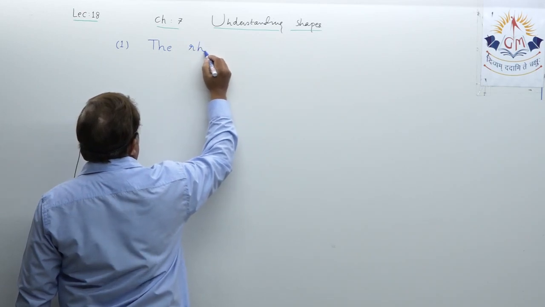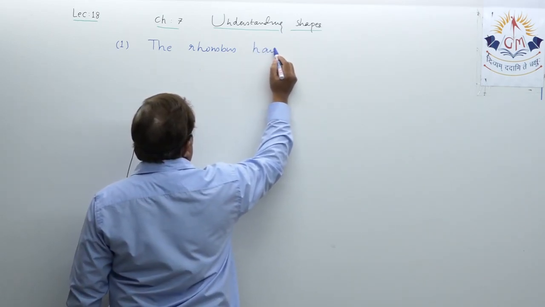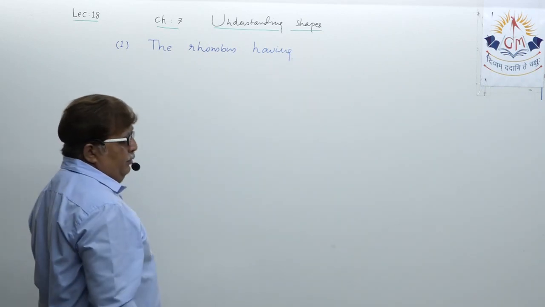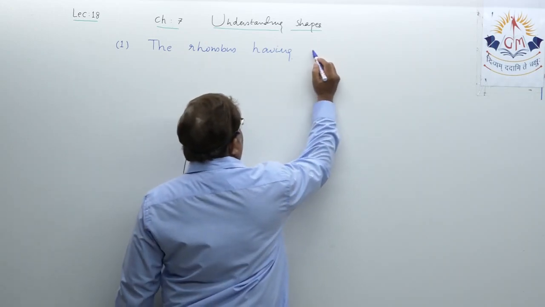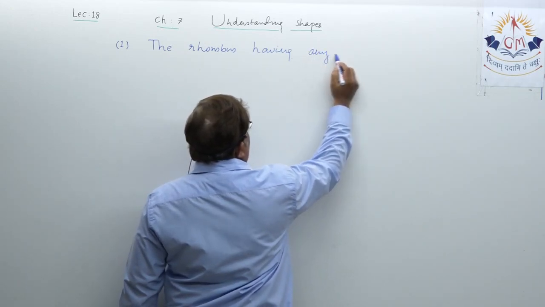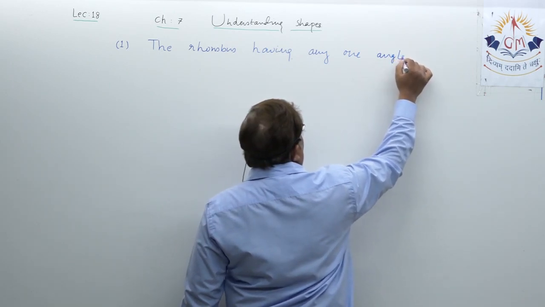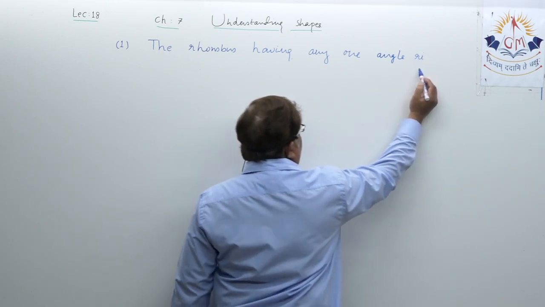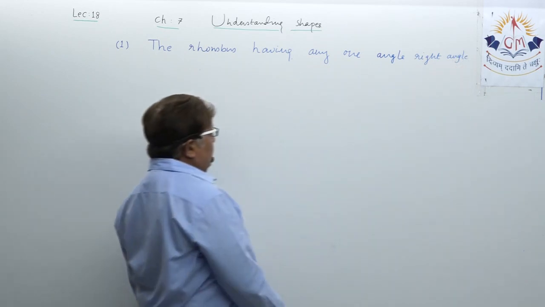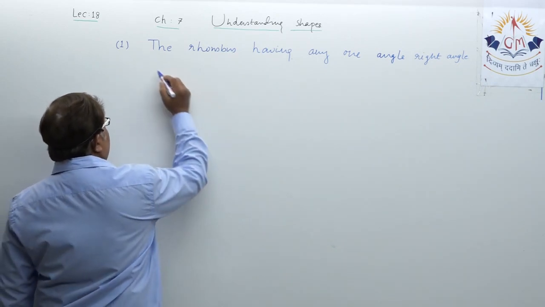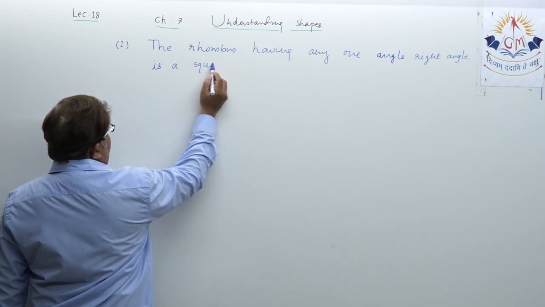The rhombus having any one angle, right angle, is a square. This is what you have to prove.